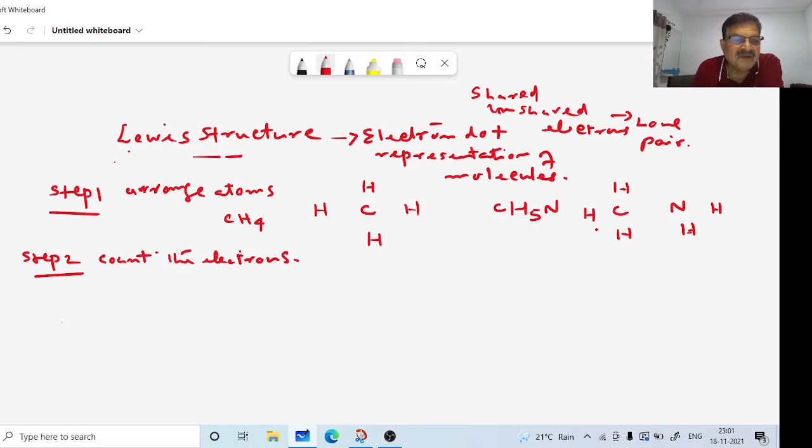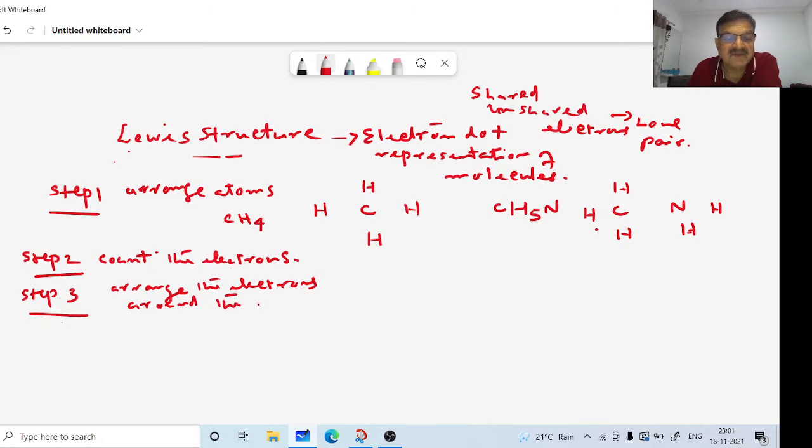Now step 3 will be simple again. Step 3 is arranging the electrons around the atoms. Here the bonding and everything will come. Arranging the electrons around the atoms means what?